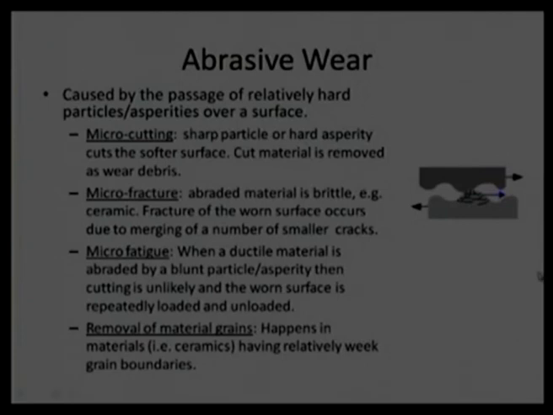The absolute motion of the top surface may be to the right and the bottom surface is stationary. Still there is a relative motion. Or the top surface is stationary and the bottom surface is moving against the top surface, then again there is a relative motion. What will happen because of relative motion? The asperities are blunt, they are not very sharp, they are not conical, maybe we can say that these asperities are spherical in nature.